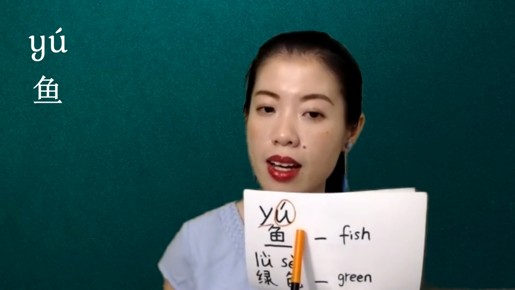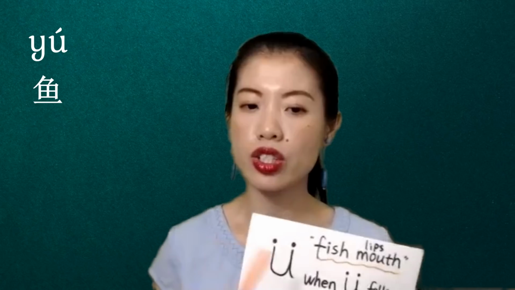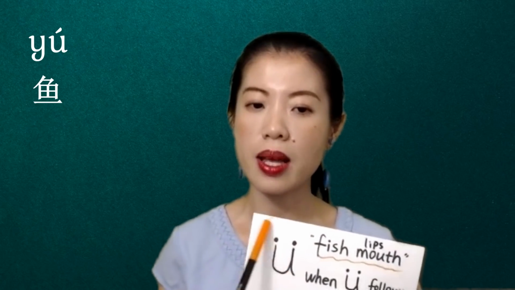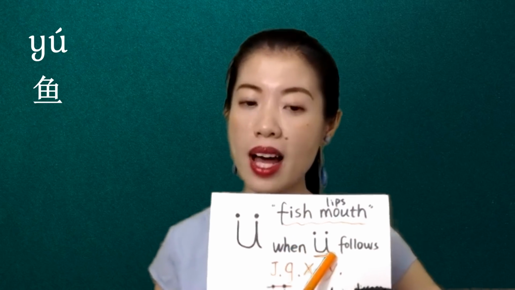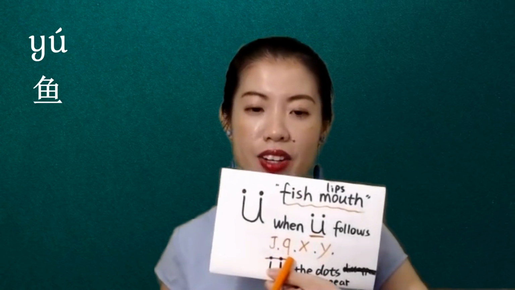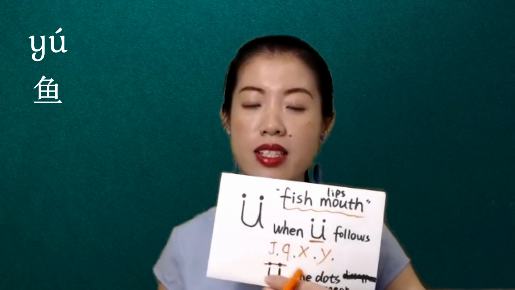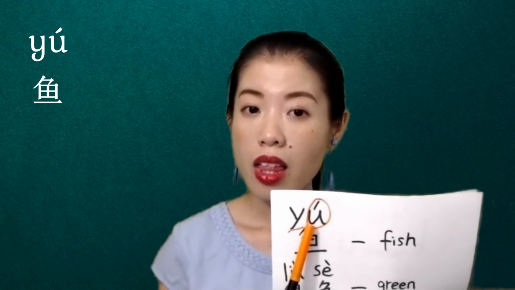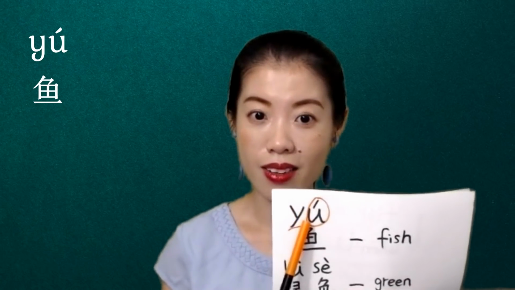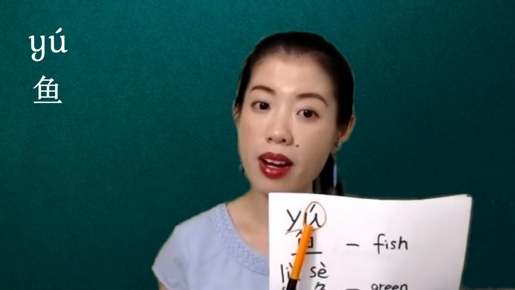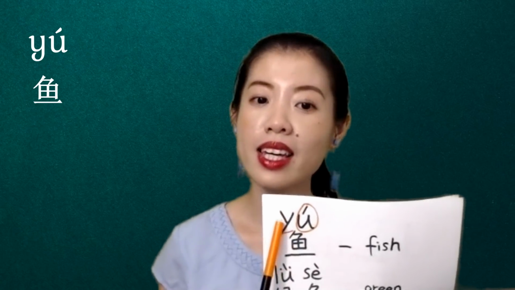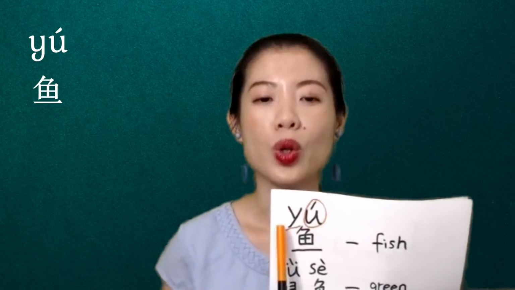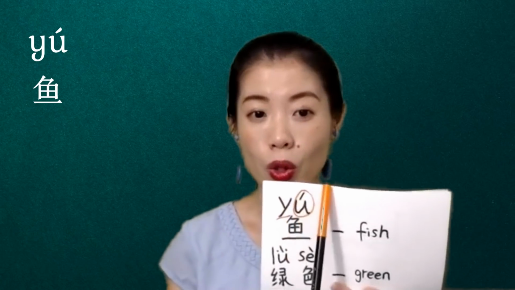You can see here, yu earlier has 2 dots, right? But when it follows J, Q, X, Y, the dots disappear. But it's still pronounced yu.